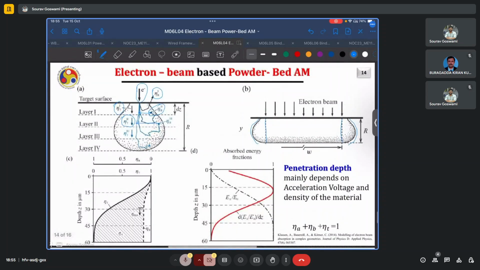And here the plots also show the fractions of electrons that get transmitted, backscattered, or absorbed in a particular layer in terms of fractions. And this law is always obeyed. That is, the fraction of electrons getting absorbed plus the fraction of electrons getting backscattered plus the fraction of electrons getting transmitted equals 1.